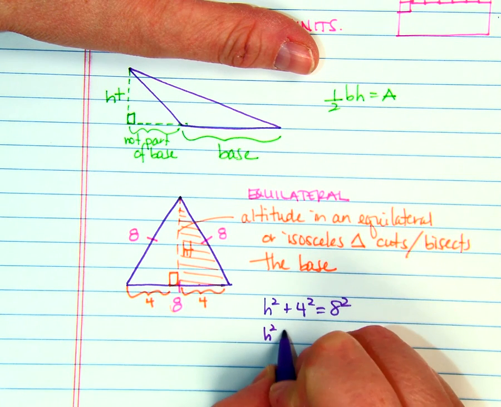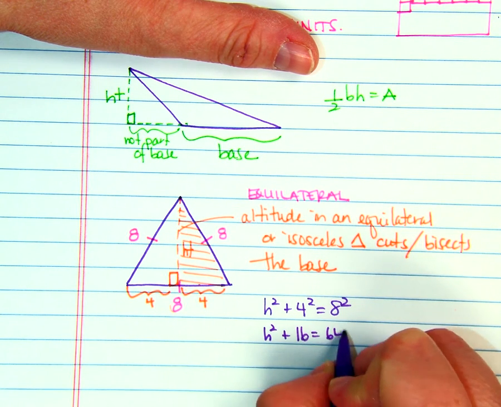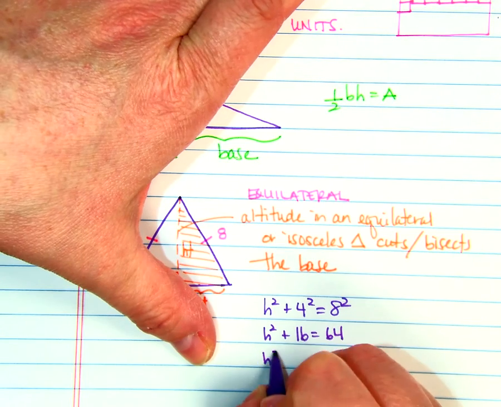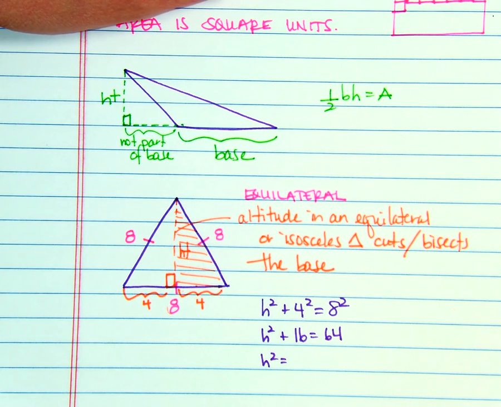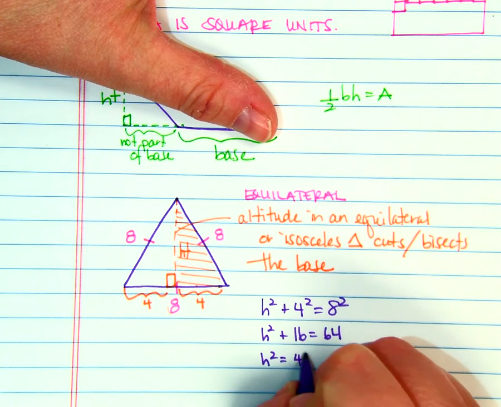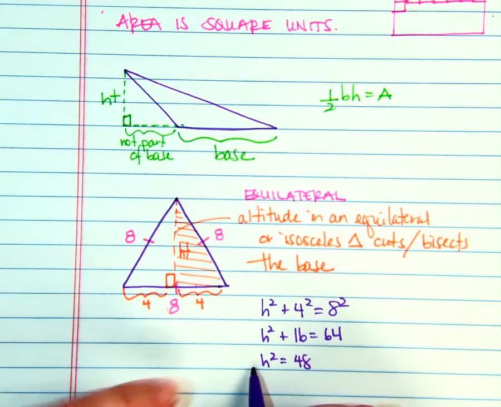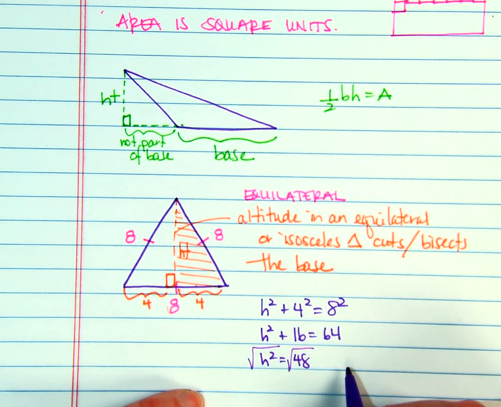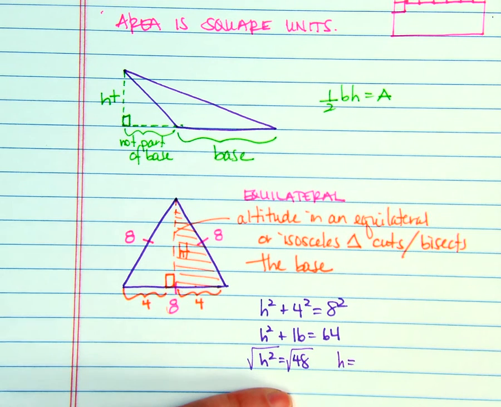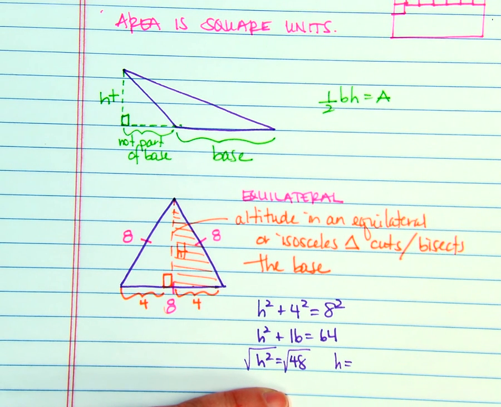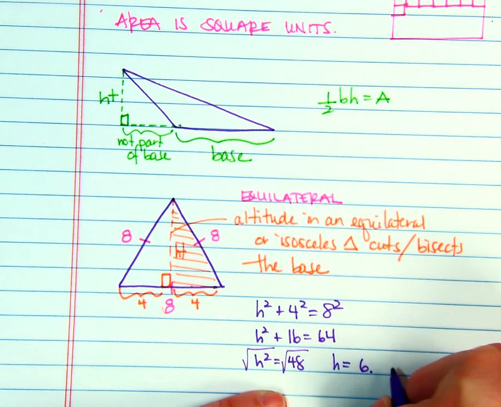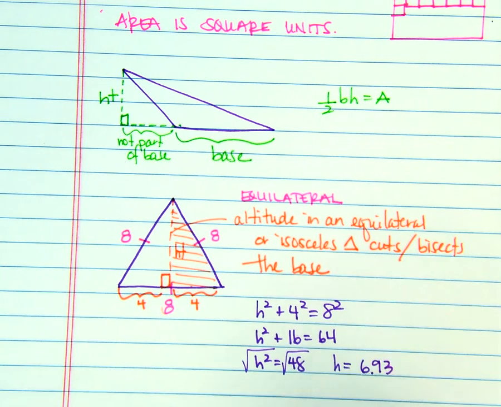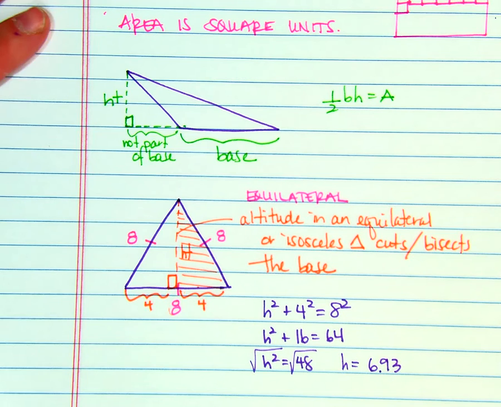So h squared plus 16 equals 64. h squared equals whatever 64 minus 16 is, which is 48. Solving for h, we're going to square root both sides. So h is going to equal approximately 6.93. So here's one where we're not given the height, but we do have enough information to actually find the height.